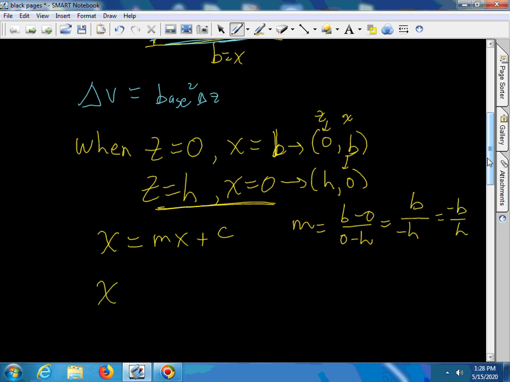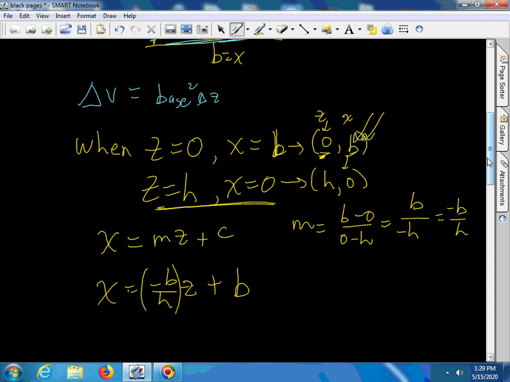So I basically claim I'm done because it's negative b over h times z plus the intercept. Well, that's the intercept. When the first coordinate is 0, the second coordinate is the intercept. And I do have one mistake here, I'm used to calling it x, but it's actually z.